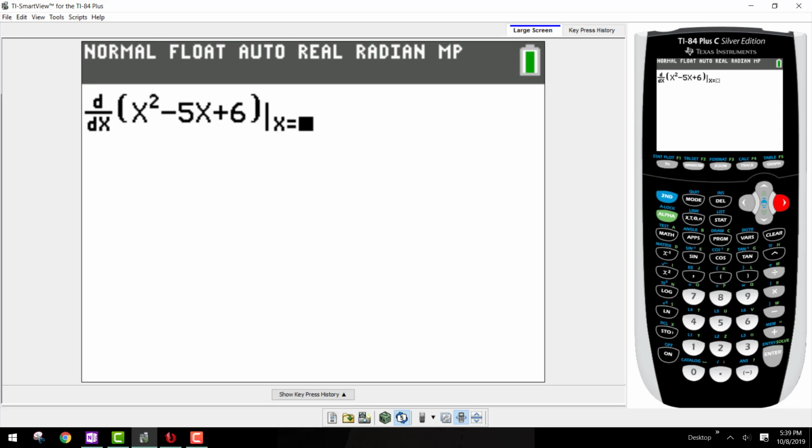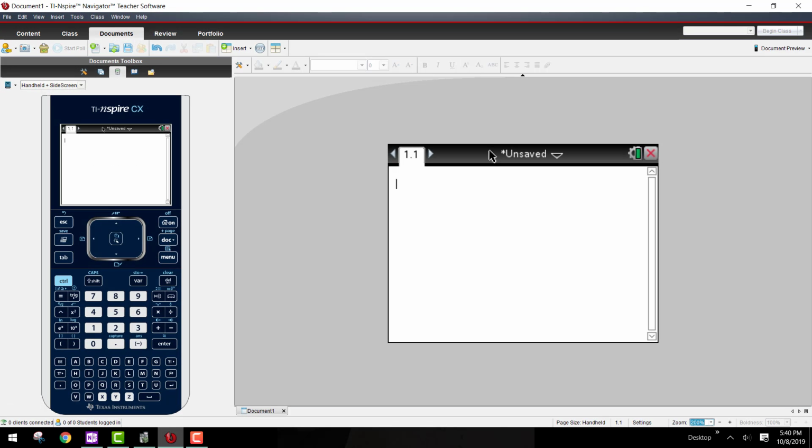And then over here where it's blinking right now, you put the specific value where you want to find the numeric derivative. So we're at x equals -3. So I'm going to type in -3 there, and you just hit enter, and it gives you the value of -11.